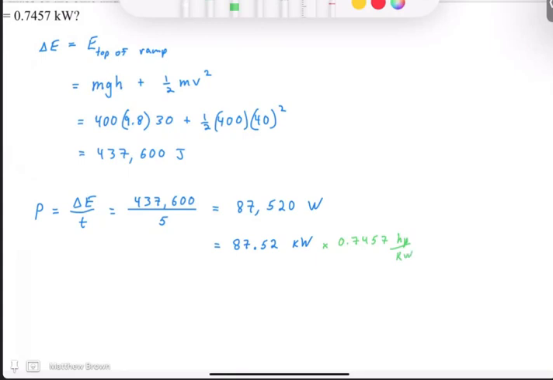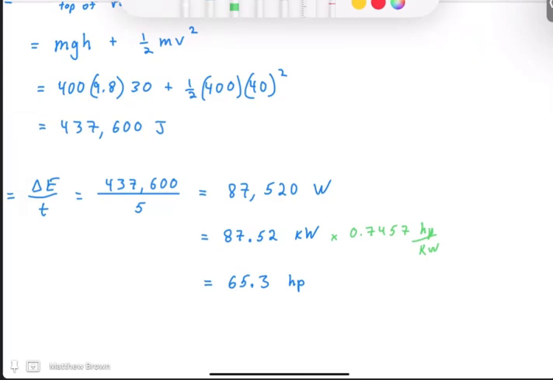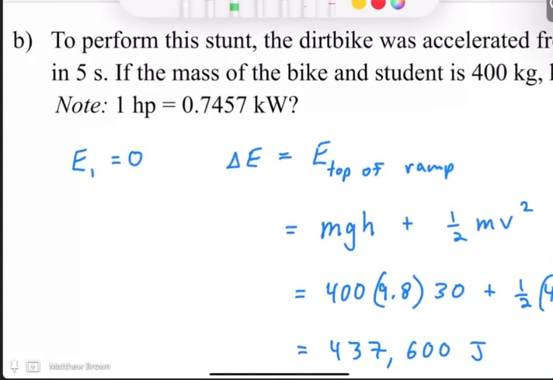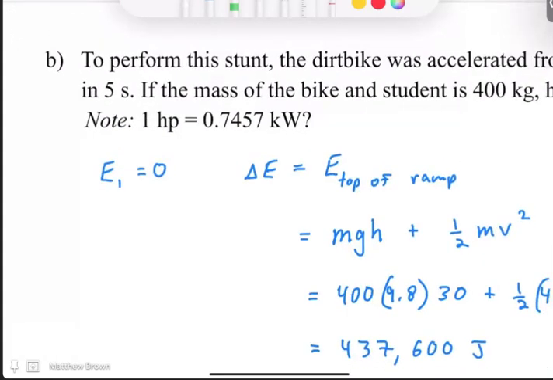So just even looking at the units, I see kilowatts are going to cancel out. And that will leave me with 65.3 horsepower. Sorry, my brain wasn't working there. I don't know, sometimes it just takes me a second.